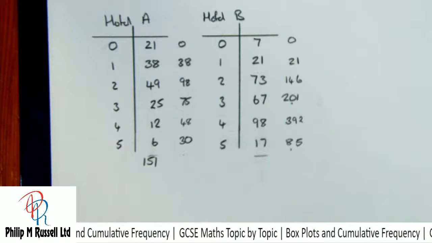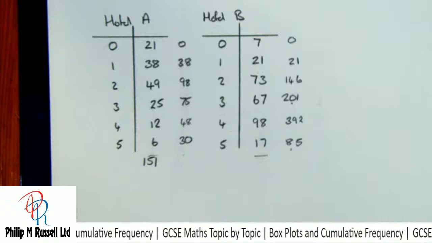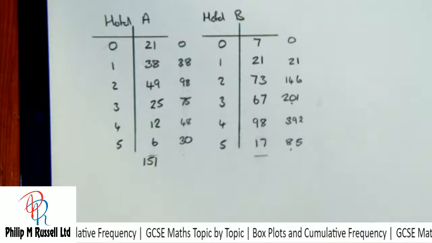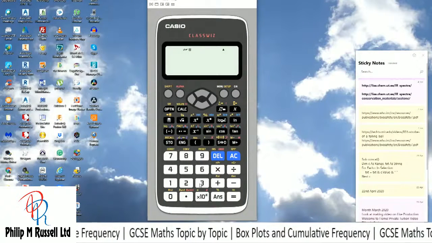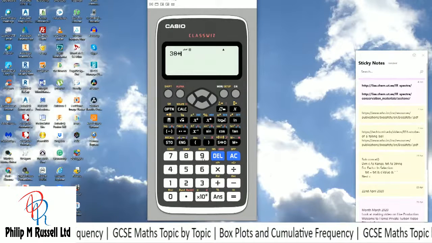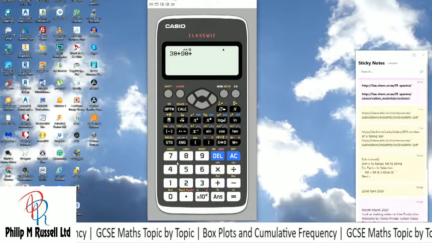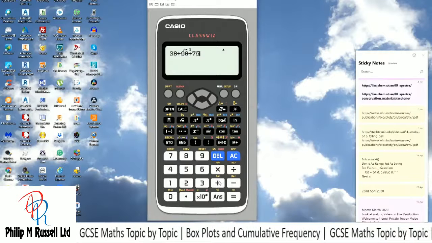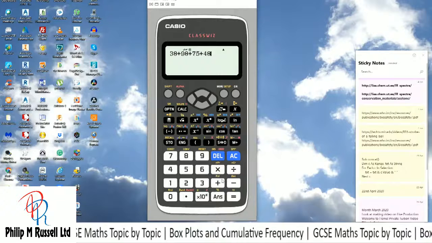Let's now work out the total number of guests staying, and so we're going to add up that column. So adding up that column, it's going to be 38 plus 98 plus 75 plus 48 plus 30.